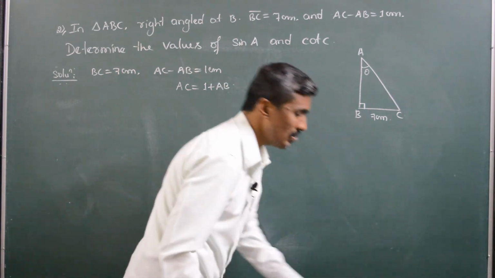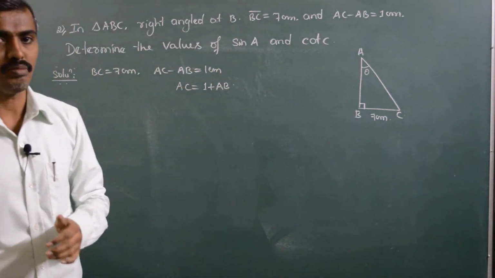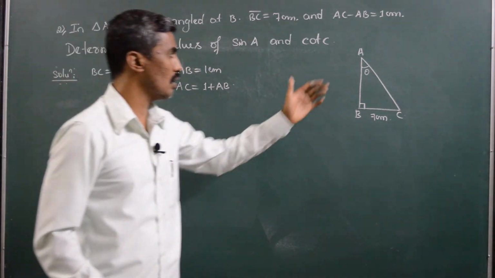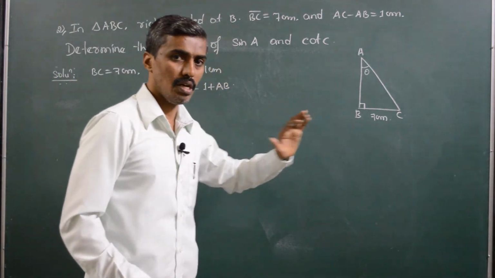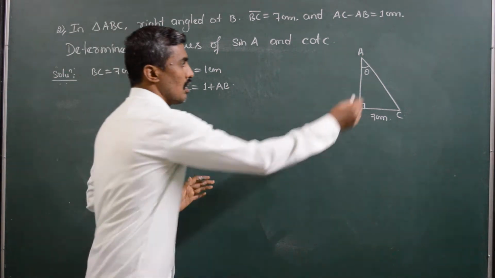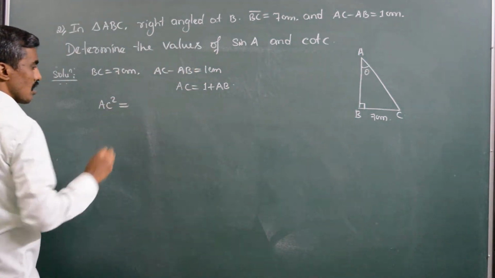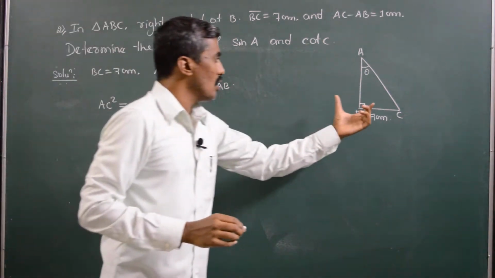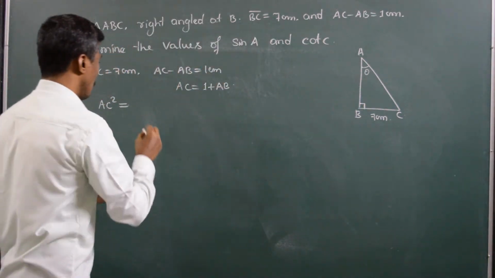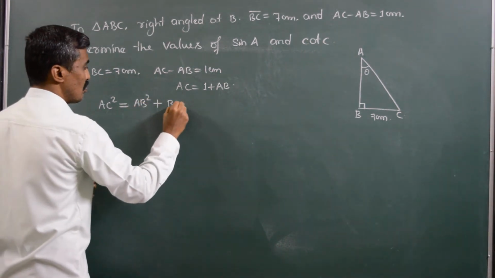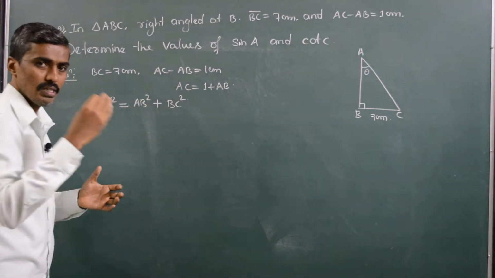In a right angle triangle, we learnt one of the famous theorems, that is called the Pythagoras theorem. What is the Pythagoras theorem? In a right angle triangle, the square on the hypotenuse is equal to the sum of squares on the other two sides. Which is the hypotenuse here? AC is the hypotenuse. So therefore we can write AC square is equal to AB square plus BC square, from the Pythagoras theorem.